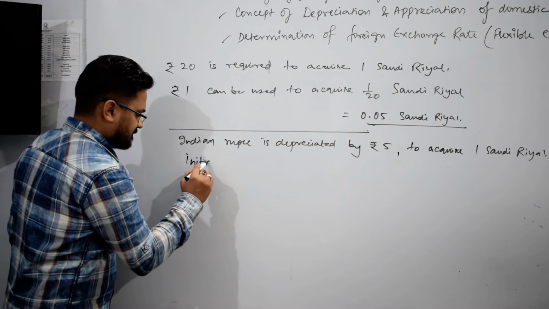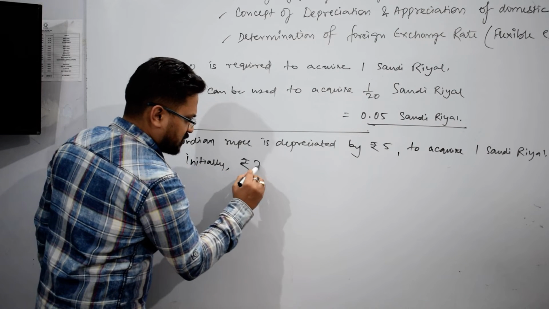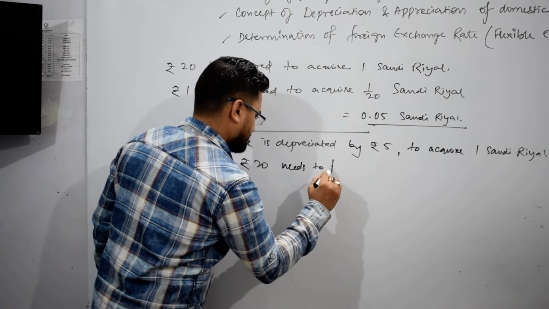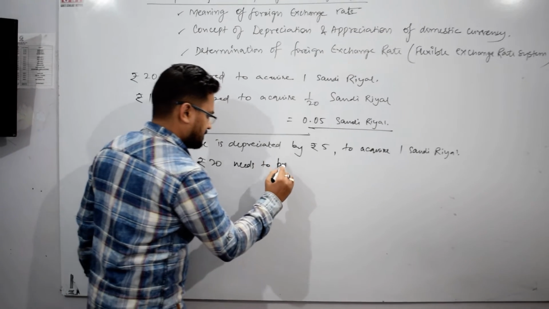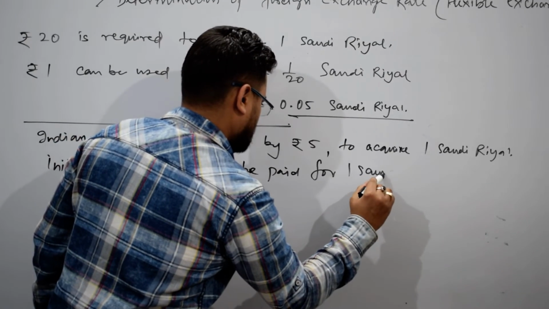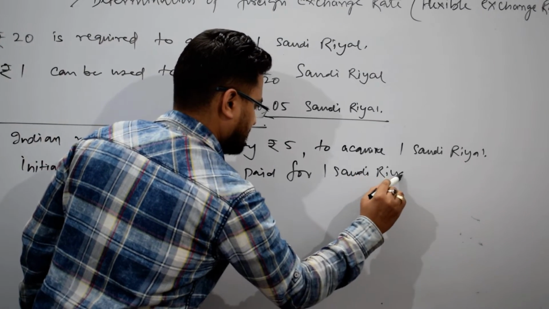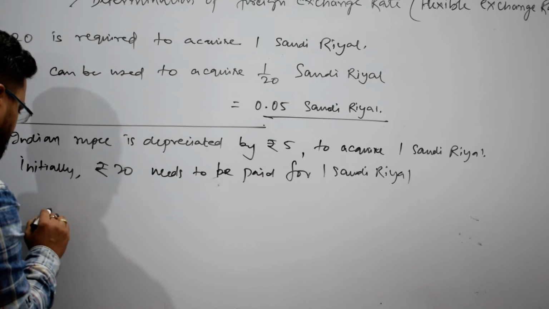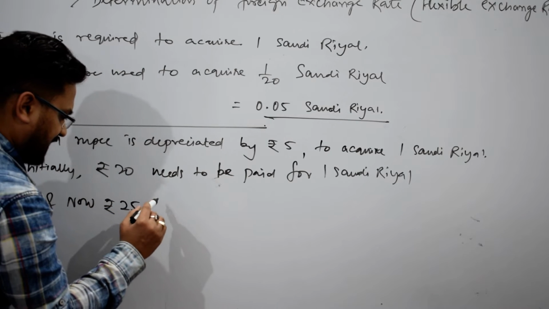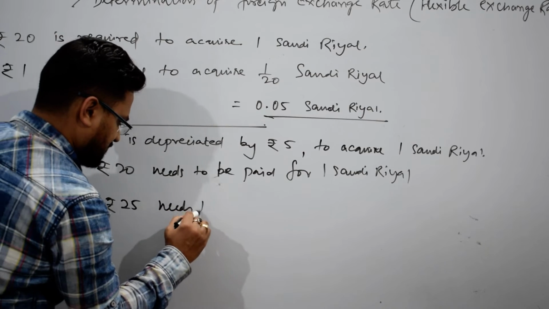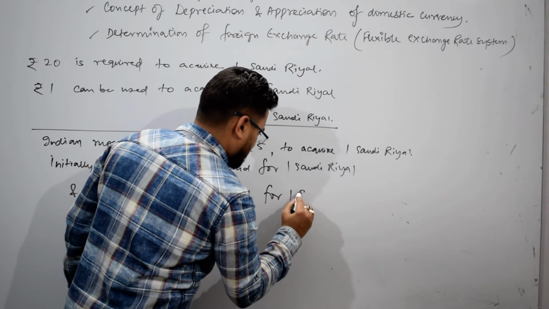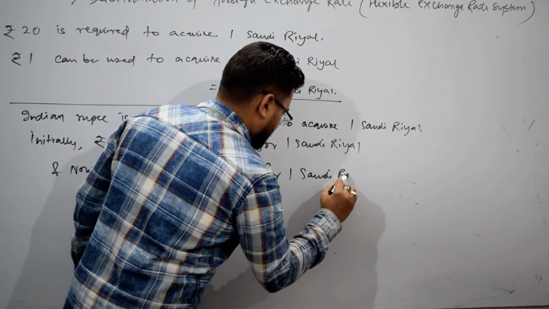Initially, rupees 20 needs to be paid for 1 Saudi riyal, and now rupees 25 needs to be paid for 1 Saudi riyal.